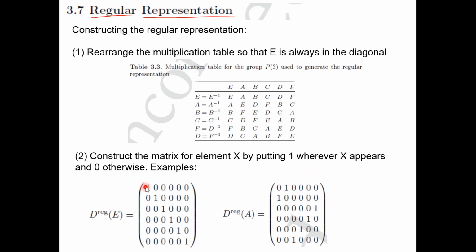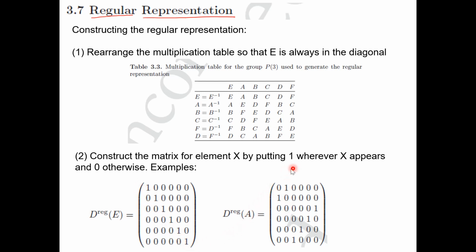You can see already that the only matrix with non-zero character is the identity. Okay? So the only group element, or matrix corresponding to a group element, which has non-zero character is the identity. So the character is going to be 6, the order of the group.